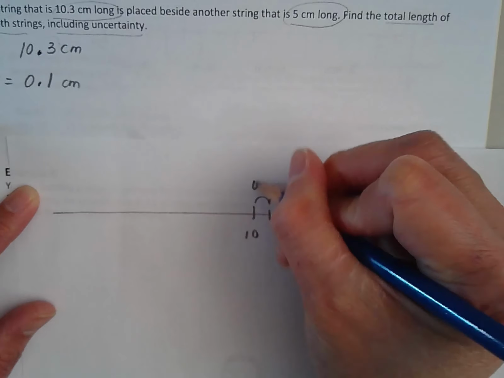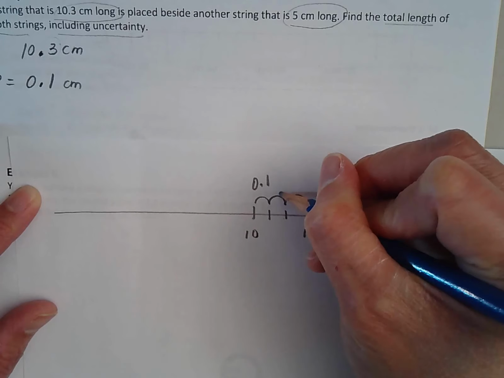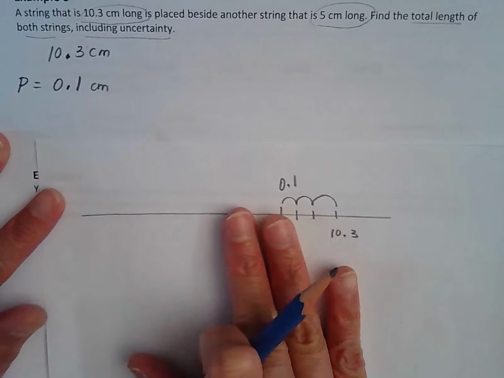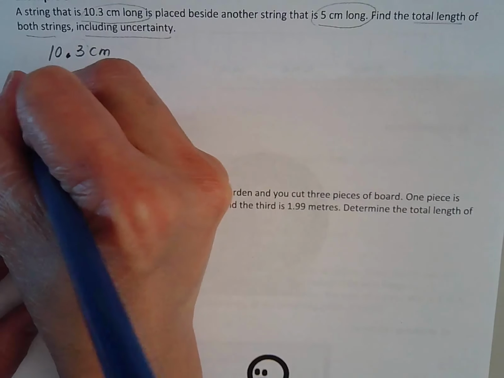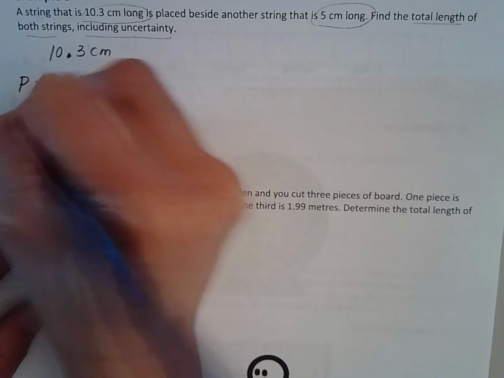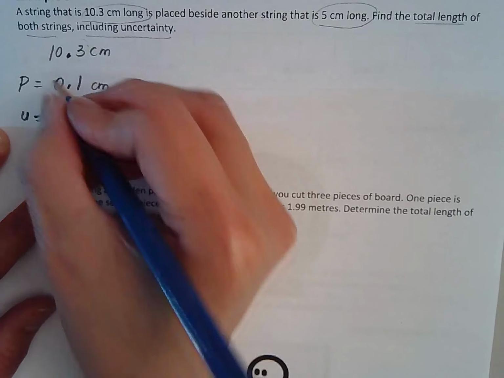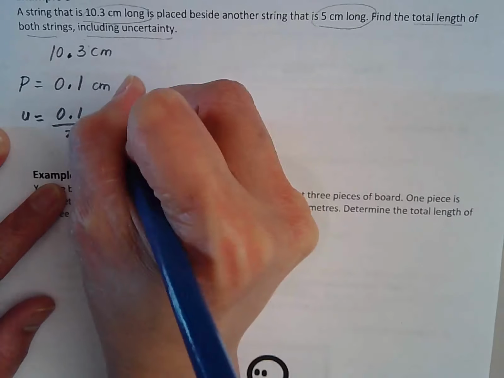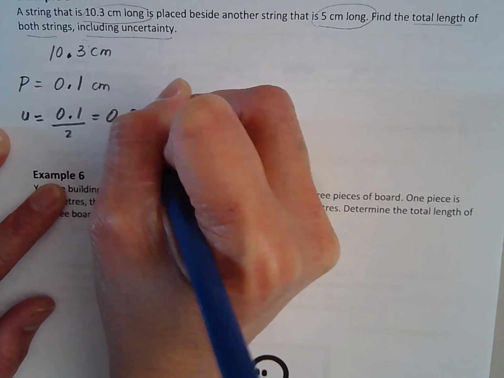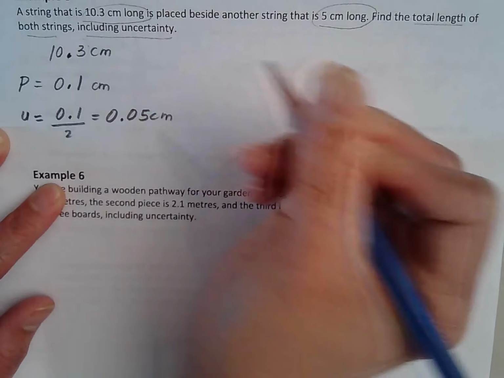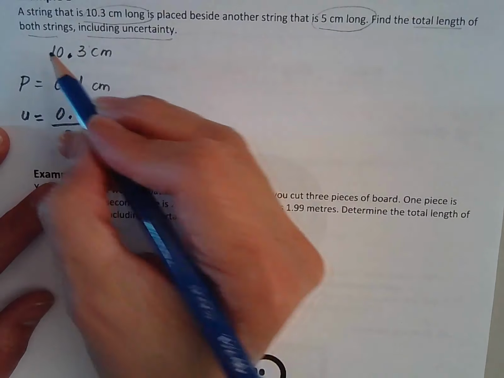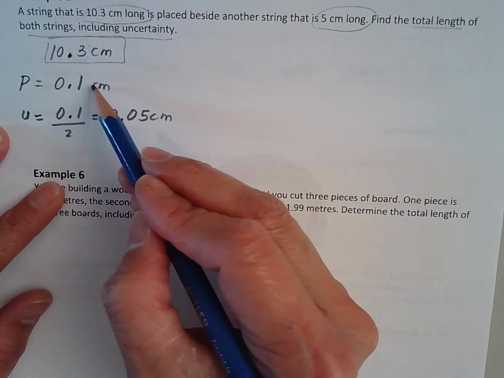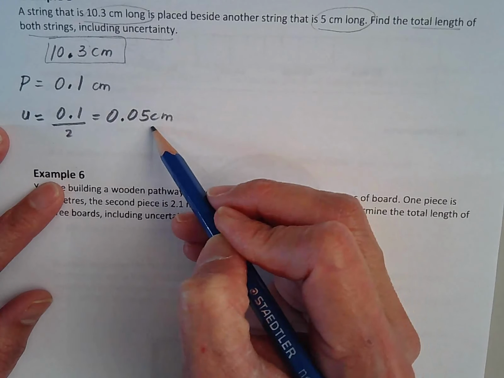So each one is 0.1 of a centimeter. Okay, so that's where that came from. What's the uncertainty? 0.1 divided by 2. That's going to be 0.05 centimeters. So this measurement has a precision of 0.1 and uncertainty of 0.05.